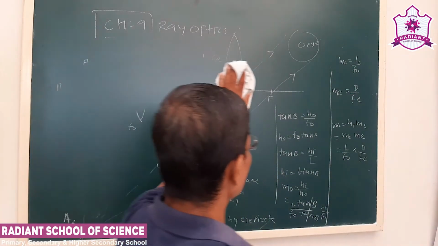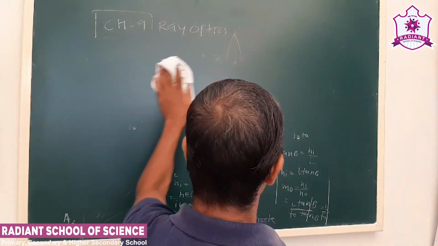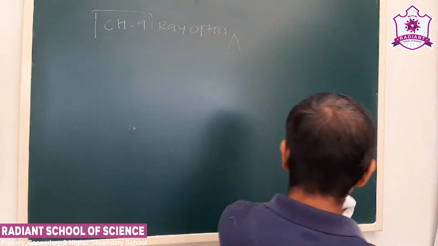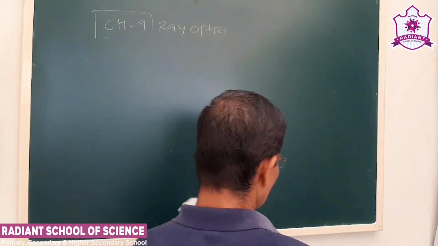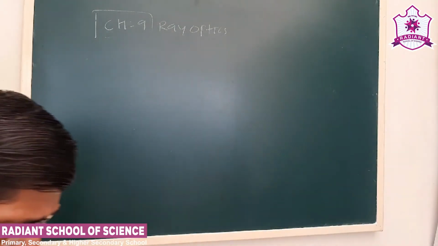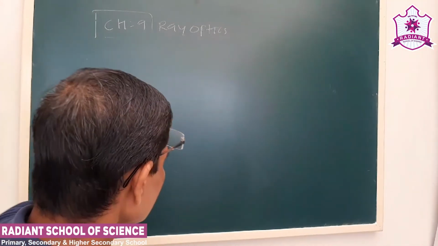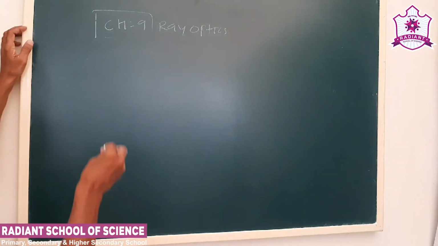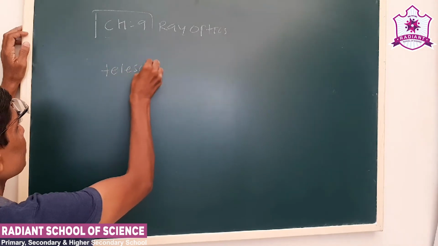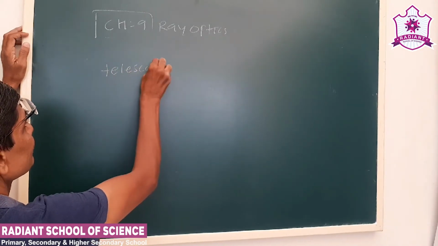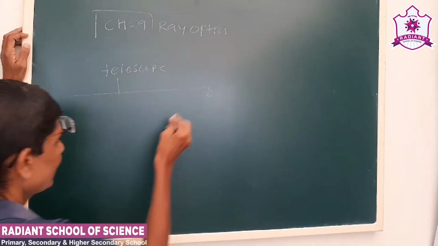Now see, the another optical instrument we have to see is a telescope. Now we know a telescope is used to study celestial objects, like stars. Telescopes are categorized into two types.